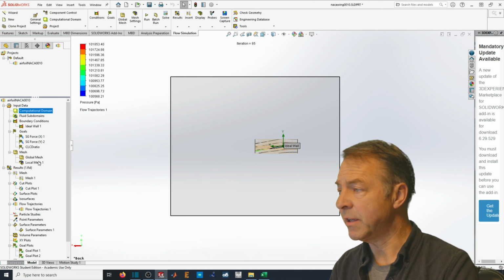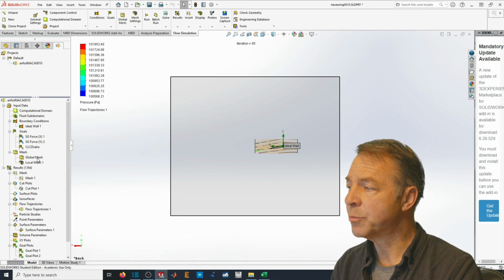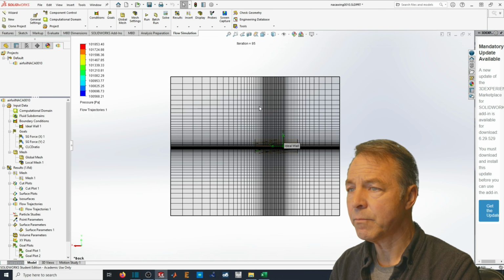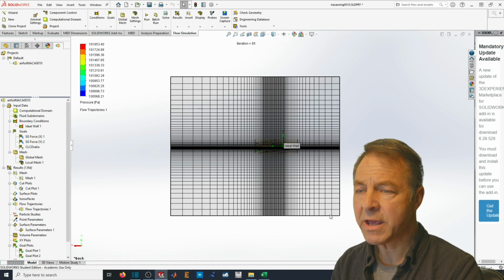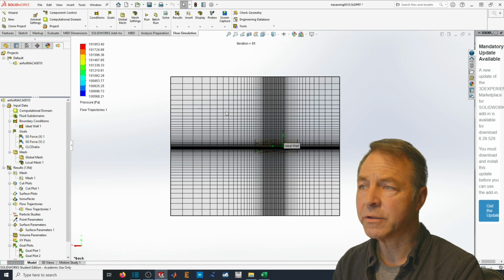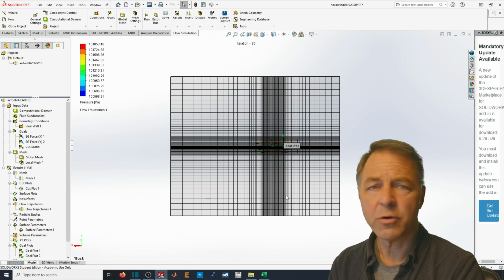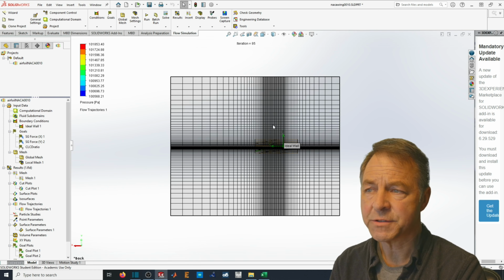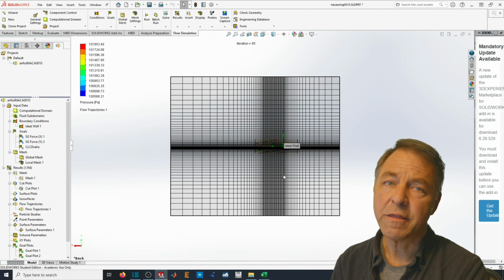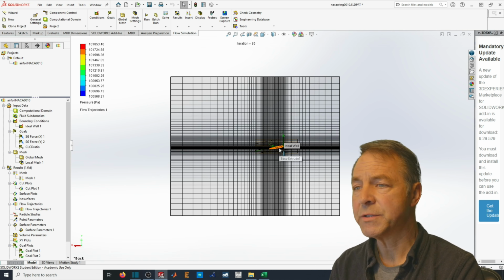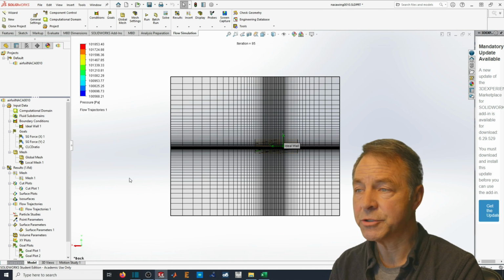Well, let's just see. Before we go any further, though, we should probably have a look at the mesh. And you can see that our mesh expands further out in the field. So while we've added a whole lot more volume or area to this computation, we haven't added that many more data points. And so that's encouraging and helpful.